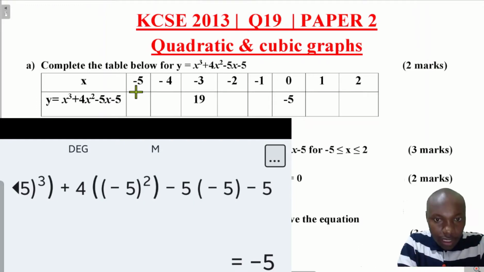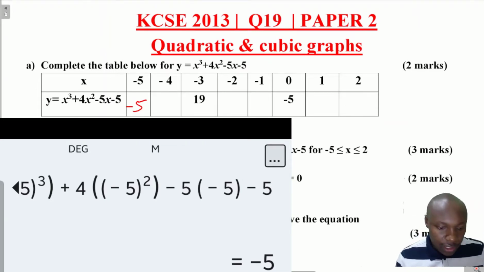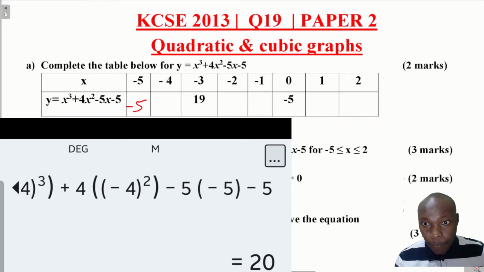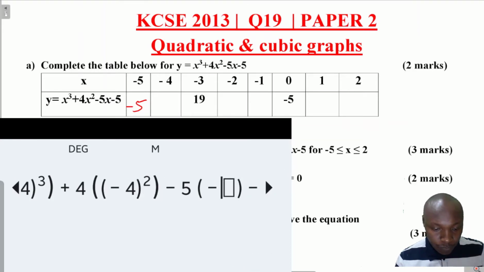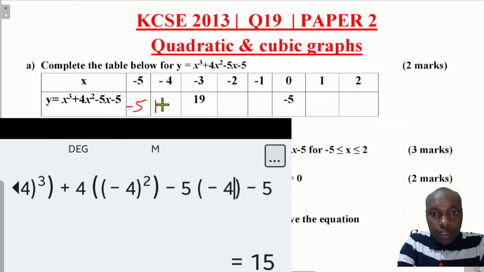Then we go to the second one. When x is -4, the same function, I'm going to replace x with -4. When it is -4, you get 15.